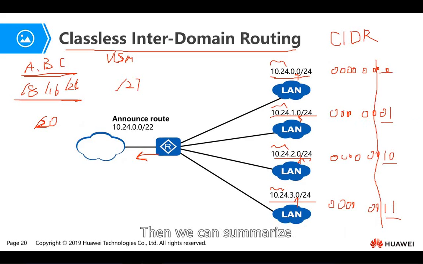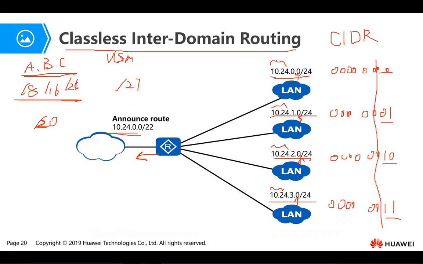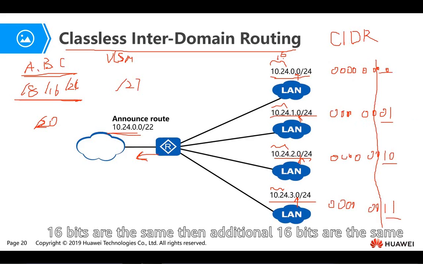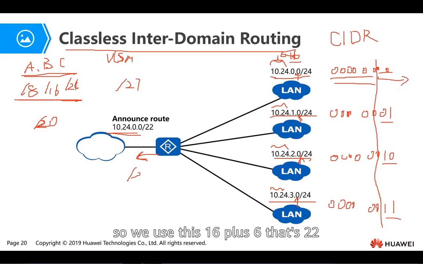Then we can summarize. Sending one network mask, that means 16 bits are the same, and an additional 6 bits are the same, all zeros, and the others are different. So we use 16 plus 6, that means 22.